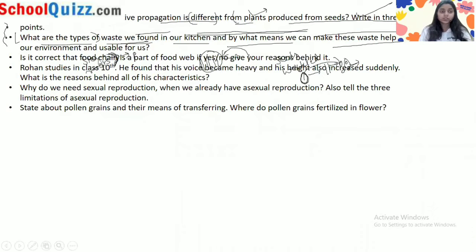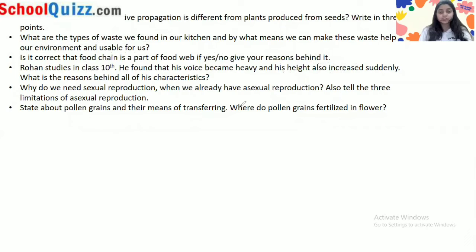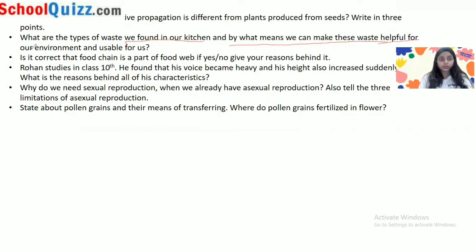So the next question is asking: what are the types of waste we find in our kitchen, and by what means can we make this waste helpful for our environment and usable for us?